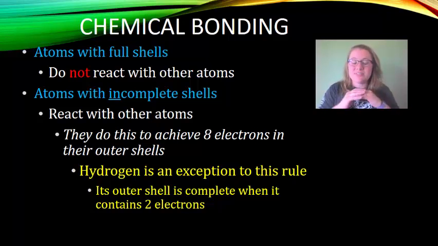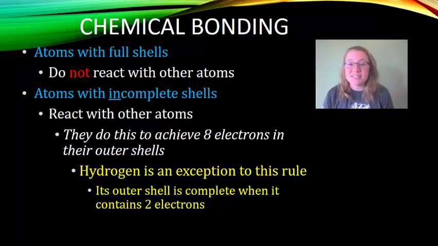If an atom does not have a full outermost shell, they do react with other atoms, because they're trying to get 8 electrons in the outer shell. So either they're trying to give away some of their electrons or grab electrons from another atom. And once they have 8 electrons in their outer shell, they're happy and they stop reacting with other atoms.